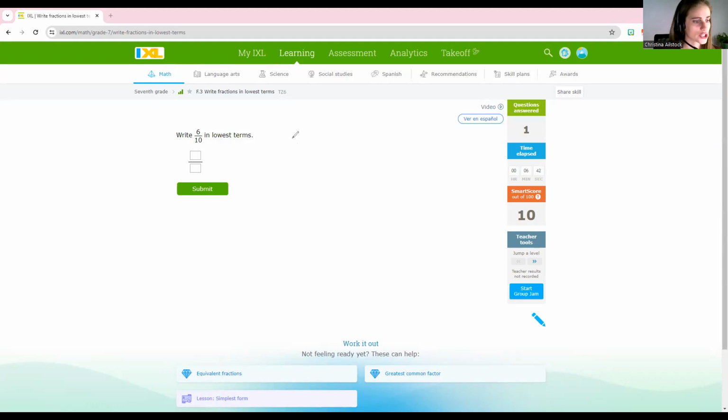So if we look at our factors of 6, we have 1 times 6, 2 times 3, and that's it. Those are the only numbers that multiply together to equal 6. Now when we look at 10, we have 1 times 10 and 2 times 5. Those are the only factors. So I notice that they have a 1 in common and a 2 in common.